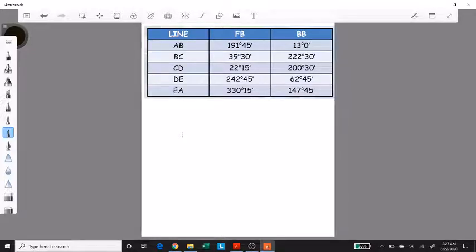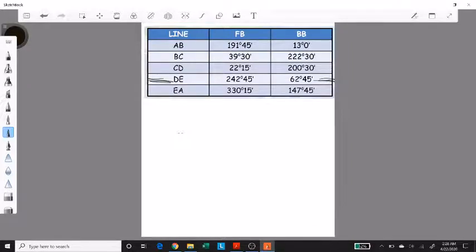So if you do quick maths and subtract forward bearing from back bearings or vice versa, we can see that this side DE does not have any local attraction, because the difference between forward bearing 42.45 and the back bearing 62.45 comes out exactly 180 degrees. So that means the line DE is free from local attraction.